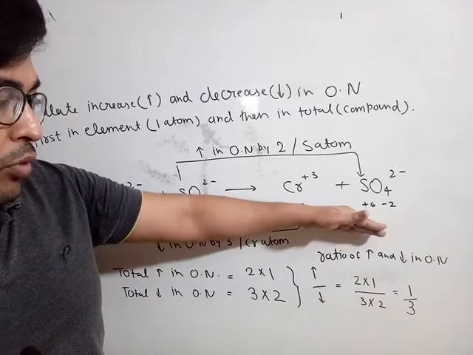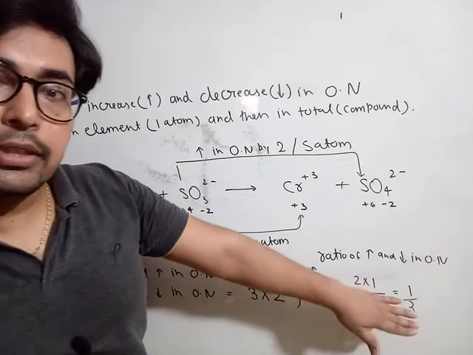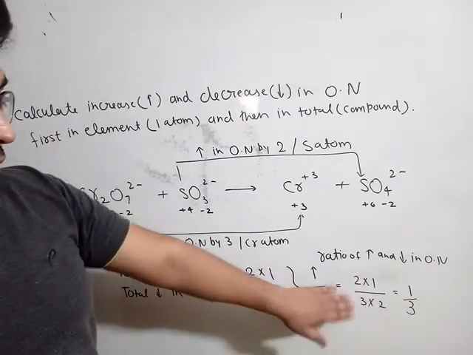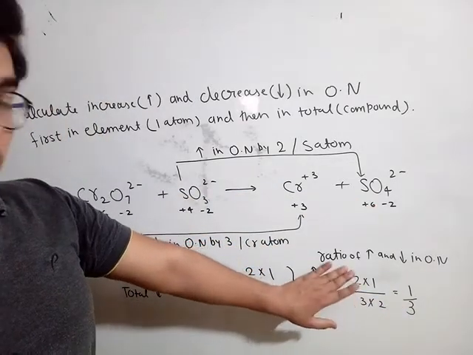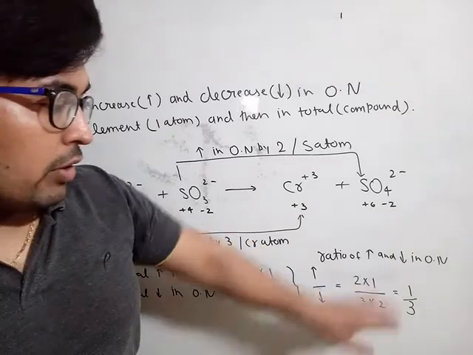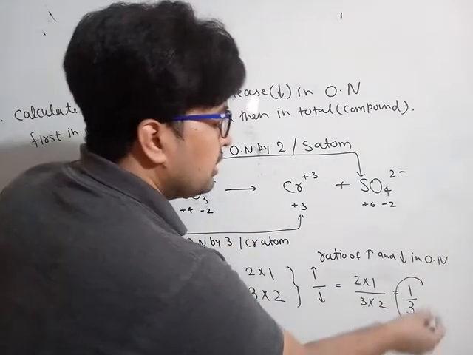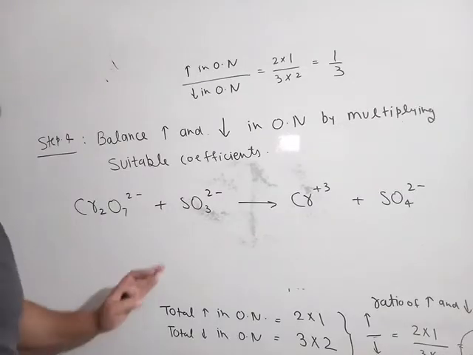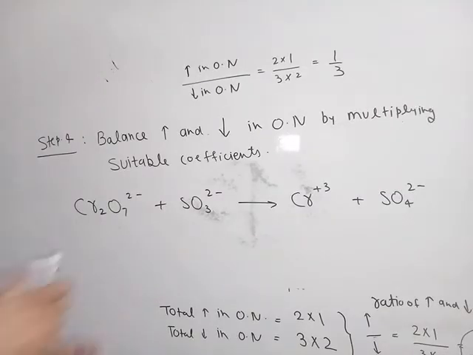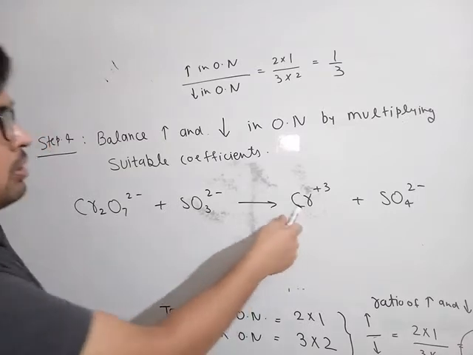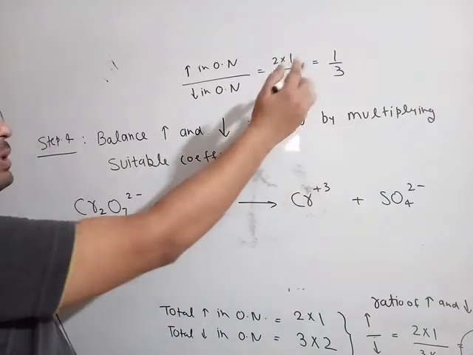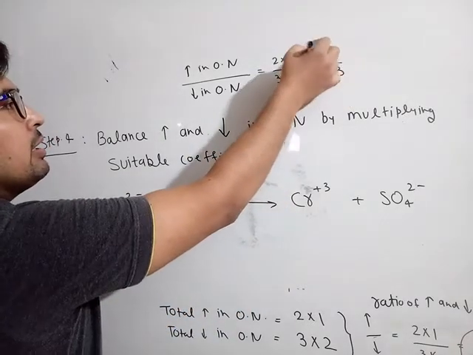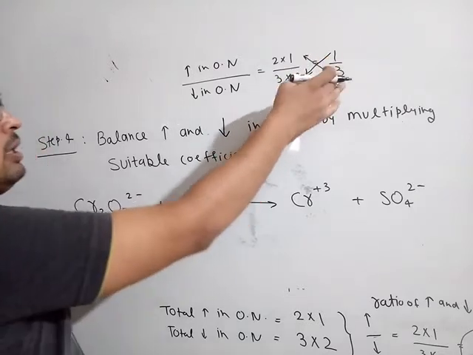The next step is to take the ratio of increase and decrease in oxidation number. If I take the ratio of the totals, the ratio will be 1 upon 3. Here we have the decrease in oxidation number, so we will cross multiply the ratio.